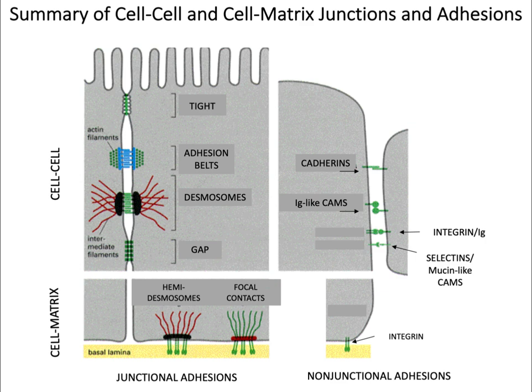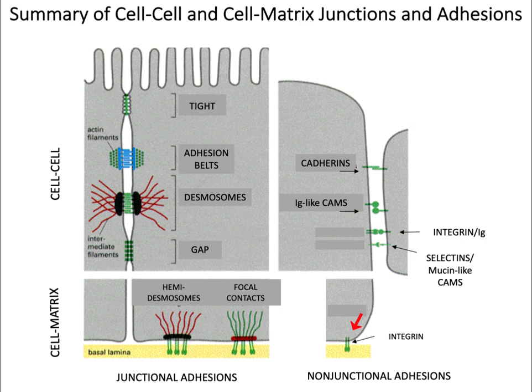In the case of hemidesmosomes, the cytoskeletal filament is the intermediate filament, and in case of the focal contacts, the cytoskeletal filament is actin. And then on the right side of this image are some specific protein interactions that we looked at.